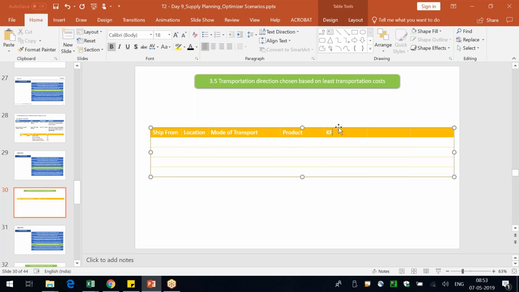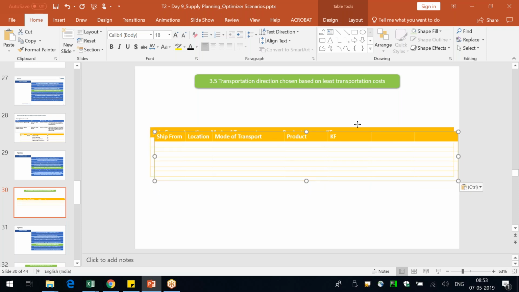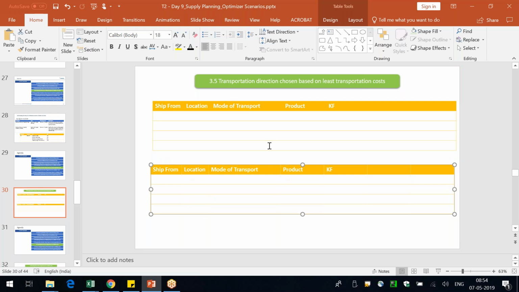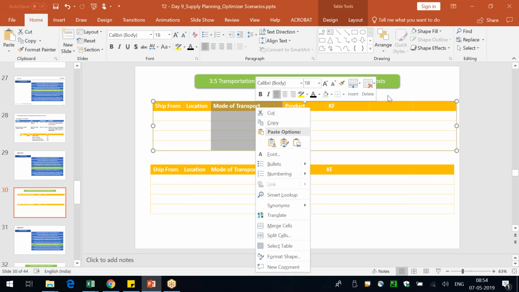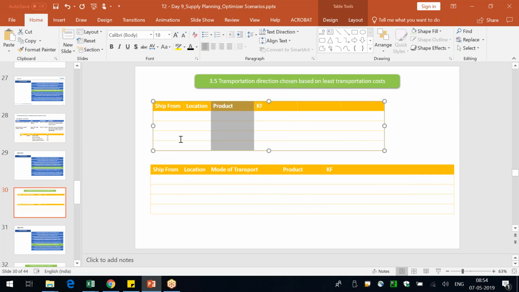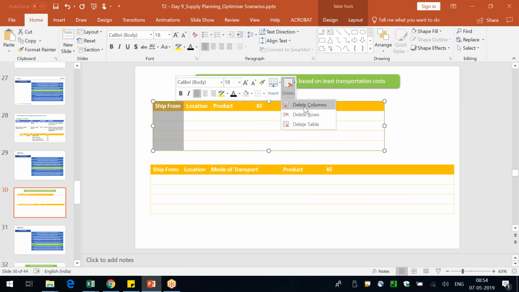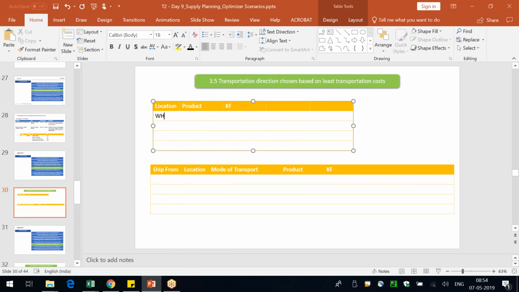The location is warehouse, product is S12, key figure is independent demand.